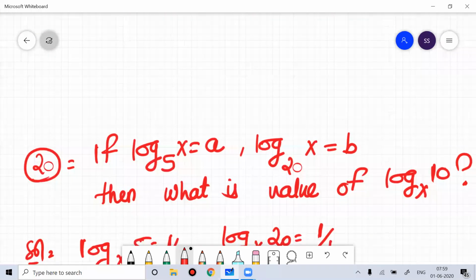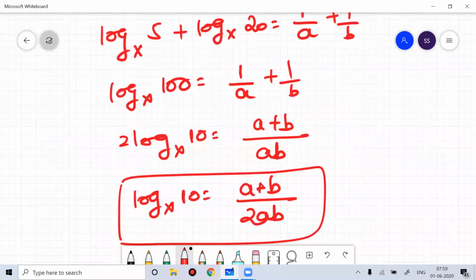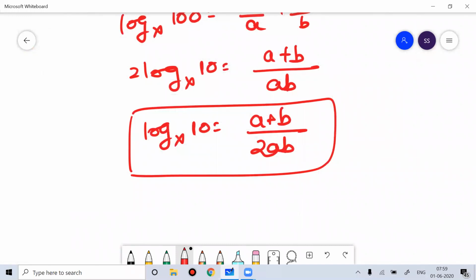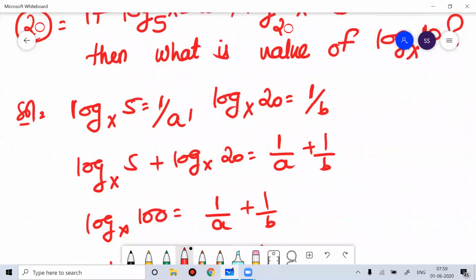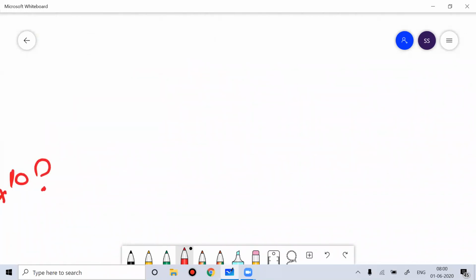So these were the problems I had planned for you for this session. All the problems I thought to do for you, I have done. I hope you enjoyed this session. Something new you have learned while solving these questions. The concept of logarithm is very important for all the students who are preparing for any competitive exam.